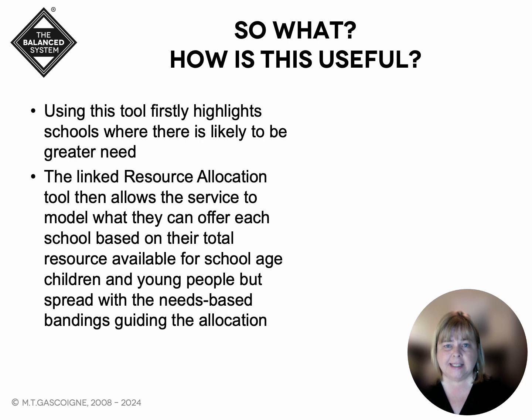So behind the scenes, they can model, for instance, that they're going to have X number of days available for a very high need primary school, or Y number of days available for a medium need special school. And that modelling automatically translates into the tool and produces a recommended starter for 10, if you will, of how that resource can be spread across the schools, but based on a needs profile rather than any other metric.